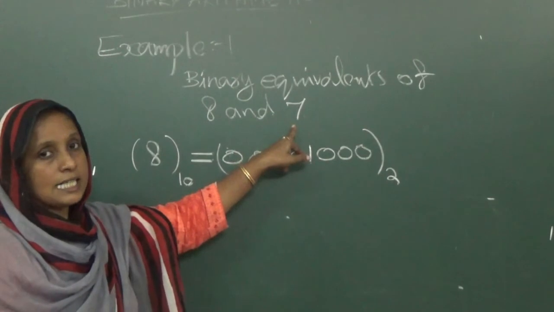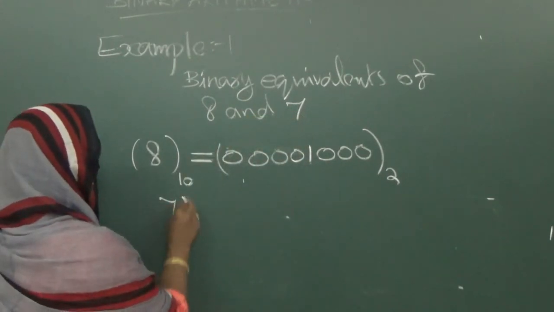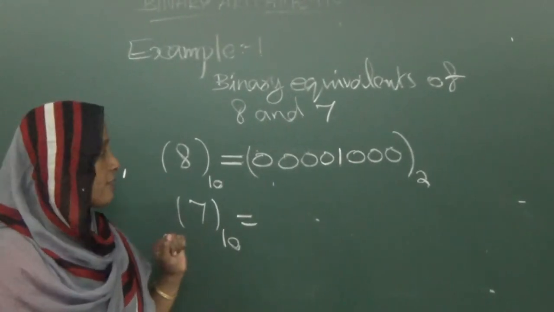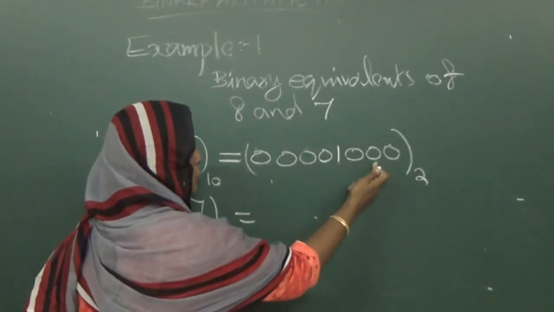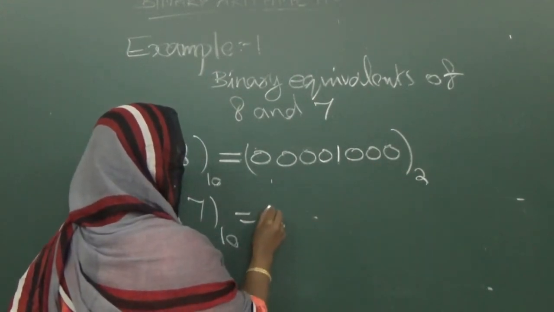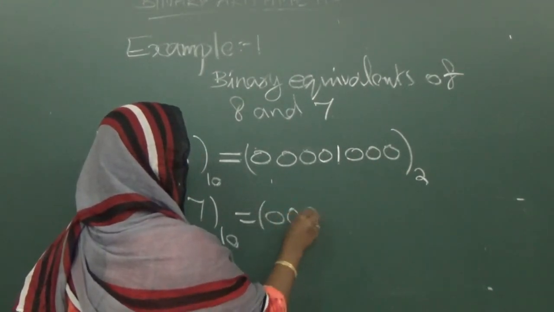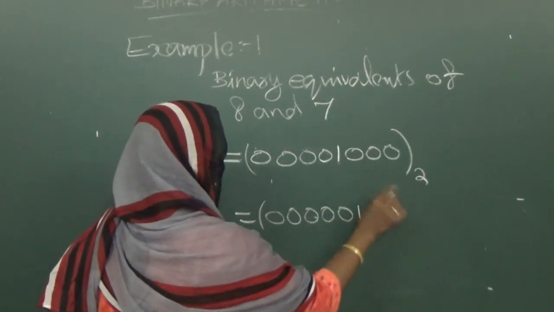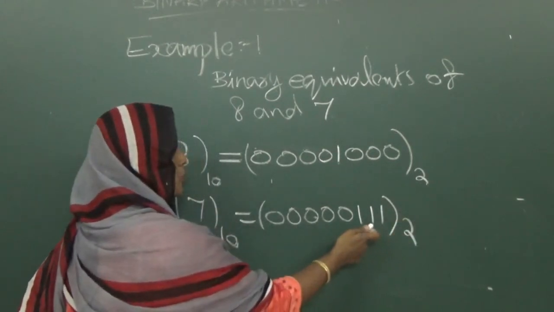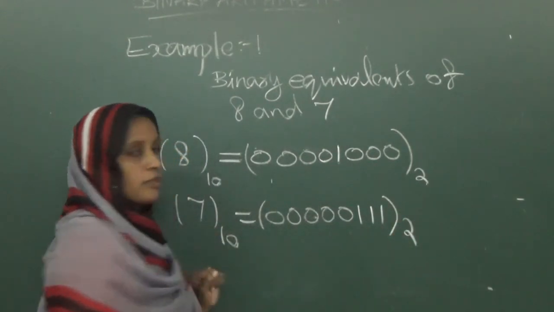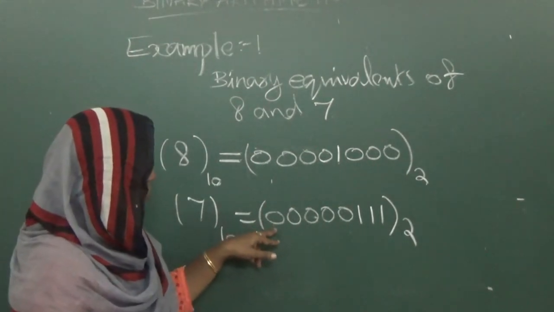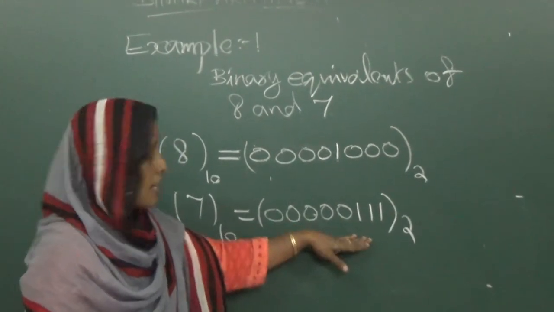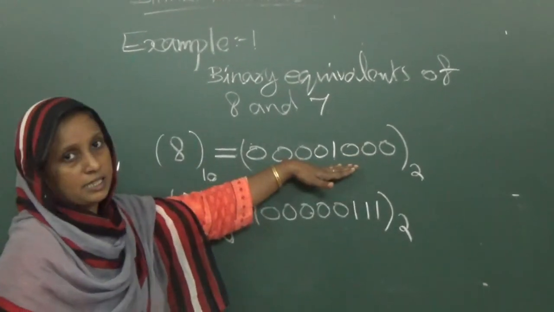Similarly, we have to write 7 in the decimal system. How to write 7? 4 plus 2 plus 1. So the last 3 bits are 1, giving 1 plus 2 plus 4, 7. Okay, so the 8-bit representation of 7 is like this, and the 8-bit representation of 8 is like this.